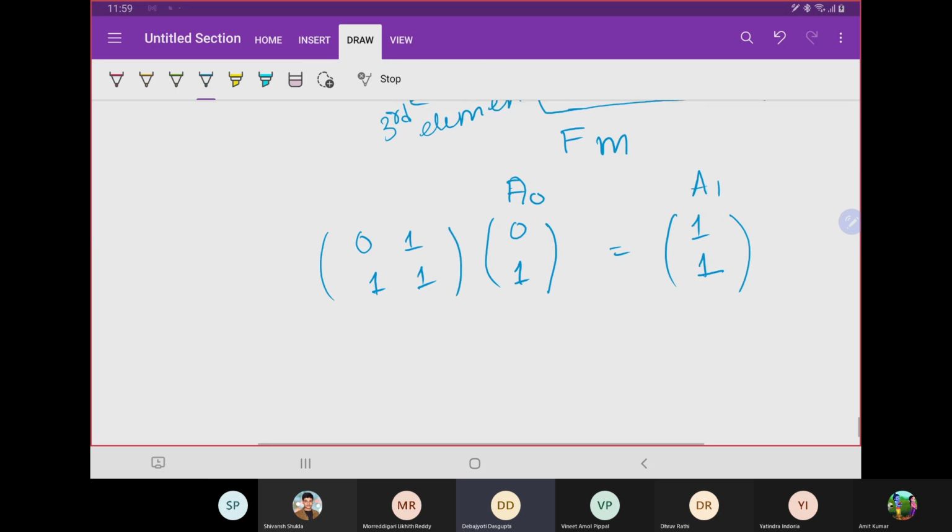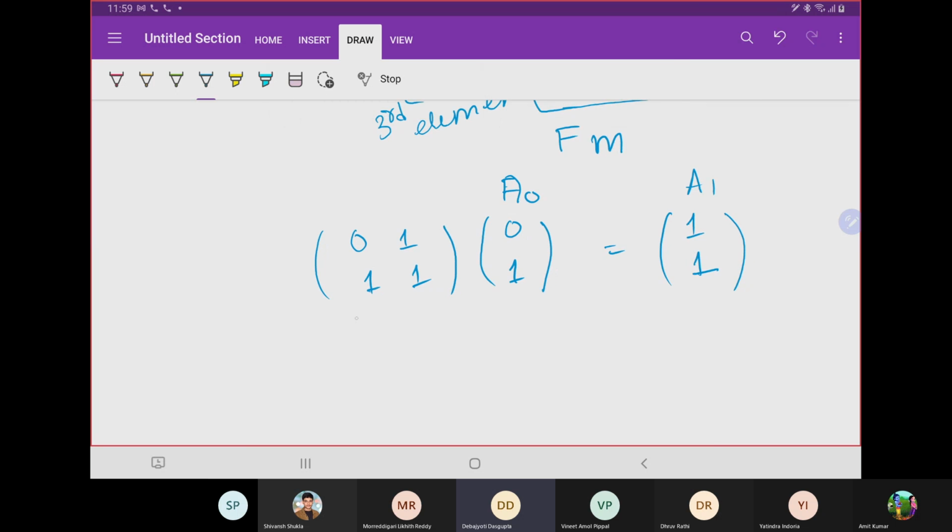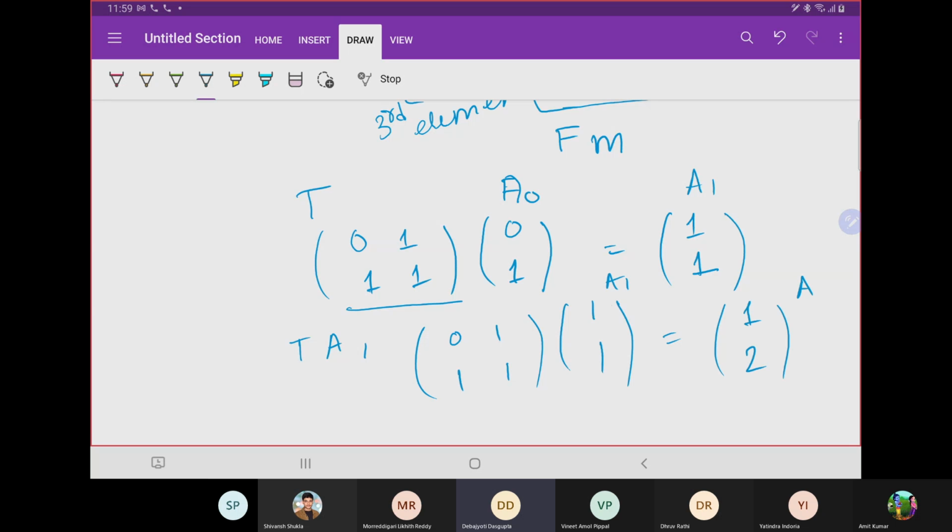See that we get the terms of this matrix. Similarly, if I apply this T matrix again on A1, so T into A1, 0, 1, 1, 1, we will get 1 into 1 will give 1, and 1 plus 1 will give 2. So see that we get the next two terms of the Fibonacci numbers.